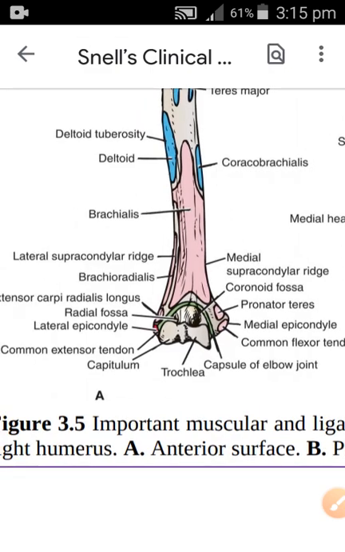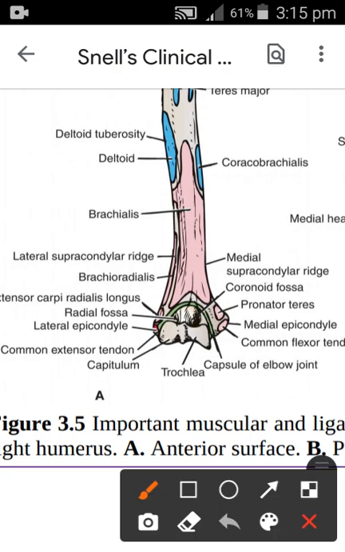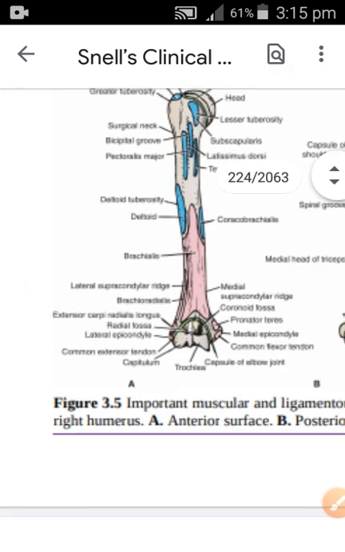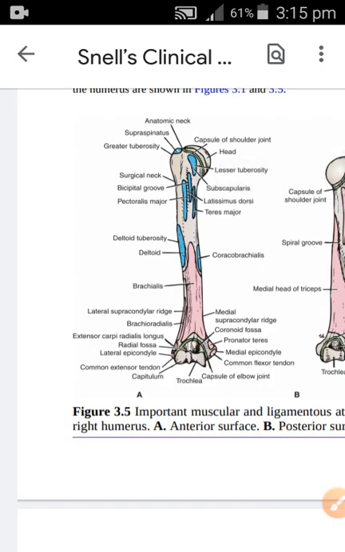And what is indicated by this green portion? This green portion shows the capsule of the elbow joint. So this was the anterior surface of the humerus.